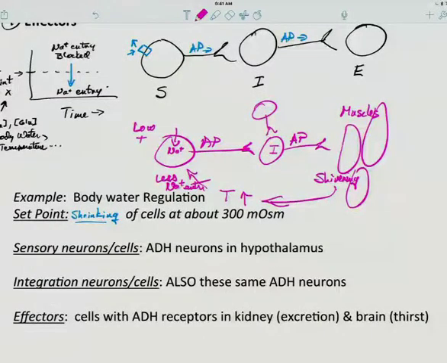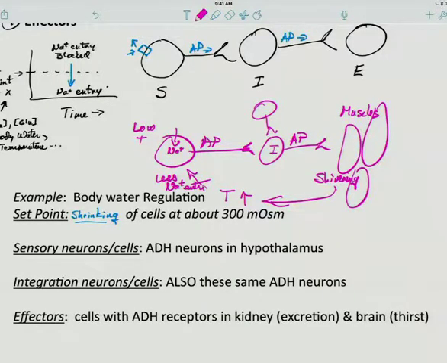We've already done this for body water. So set point, shrinking of cells at about 300 milliosmoles. That causes the sensory neurons, which are ADH neurons. And if you don't have enough water, your cells shrink. They release ADH. They are also the integration neurons, the same ADH neurons.